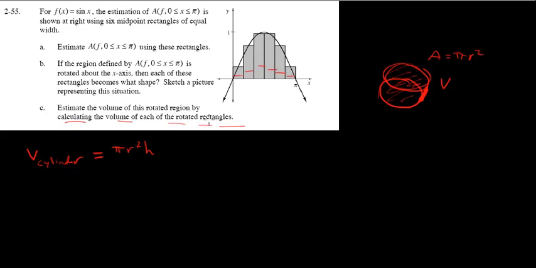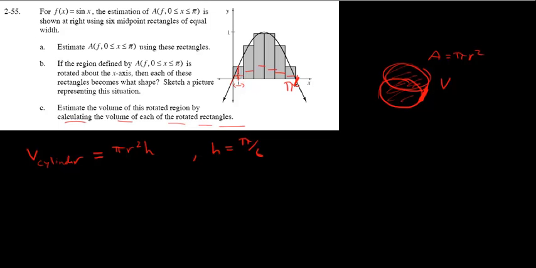So we could say h is just, remember, pi over 6, because the distance between here is pi, because this right here is pi, that's 0, divided by 6 equal rectangles. So the height is pi over 6.